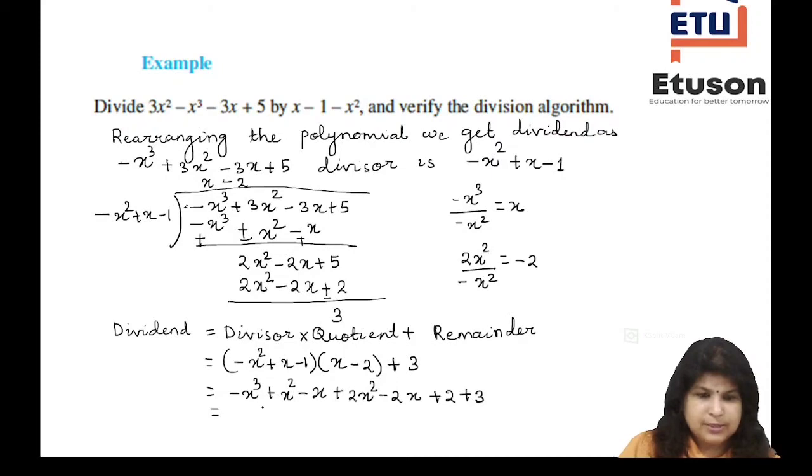So what is your answer? Your answer is minus x cube plus 3x square minus 3x plus 5. So just compare this value with the dividend.